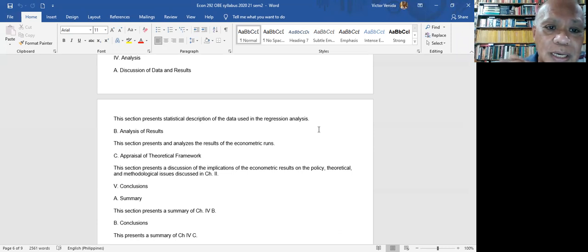So usually what will happen in the analysis of results is that you have the table there which presents the results with the estimated coefficients, and it will indicate the levels of significance of the results.